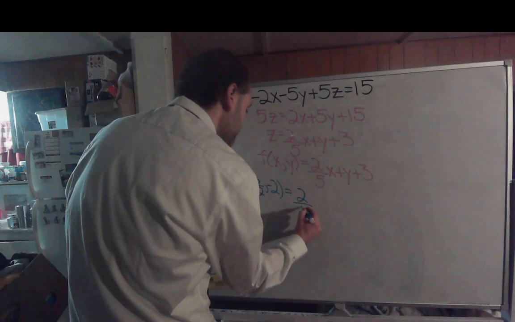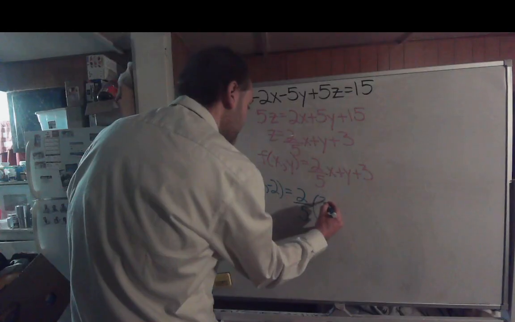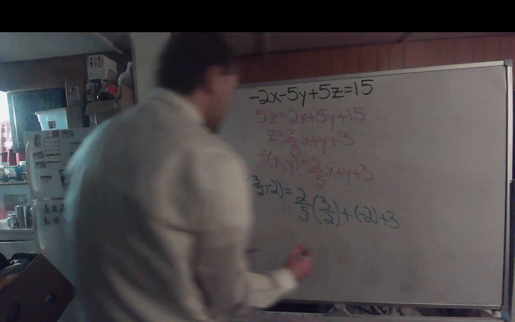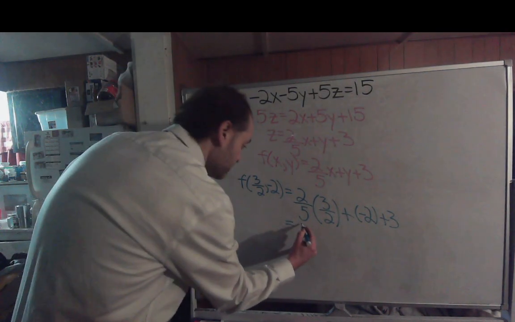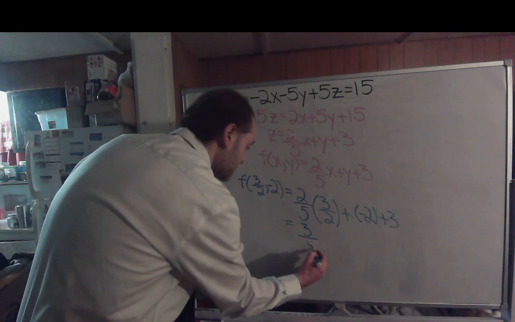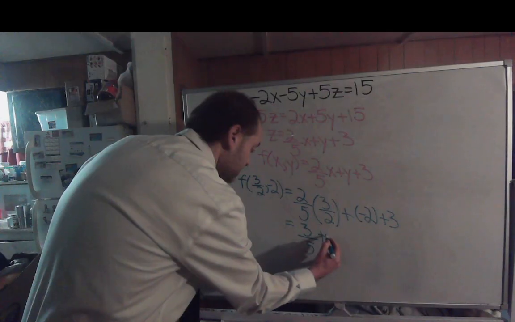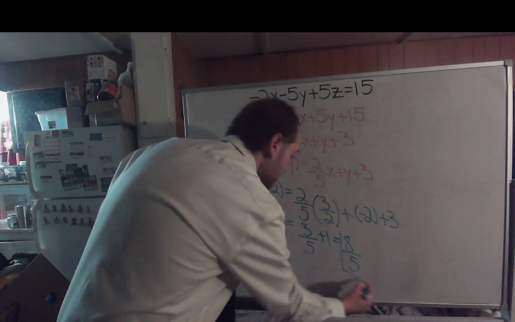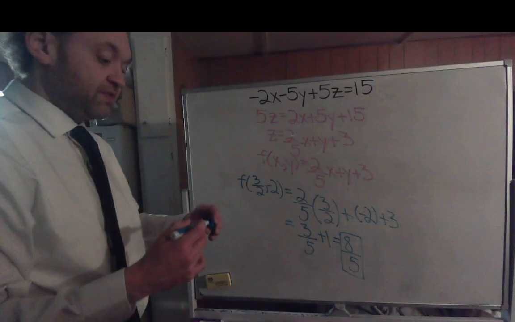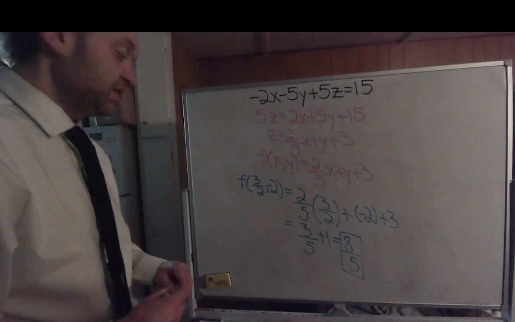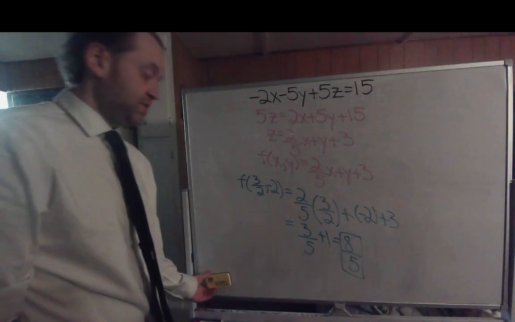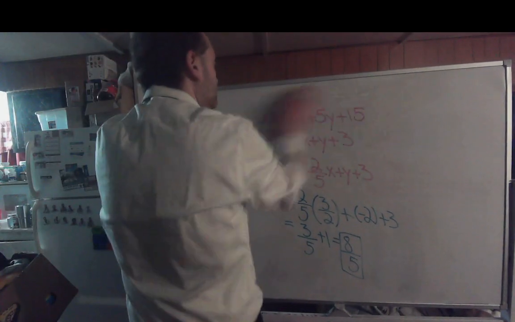So you would take 2/5 times 3/2 plus your y value of negative 2 plus 3, which this would simplify into 3/5 plus 1, which would end up giving you 8/5. So f of 3/2, negative 2 would give you a z value of 8/5 when x is 3/2 and y is negative 2. Z is equal to 8/5. I still got more.